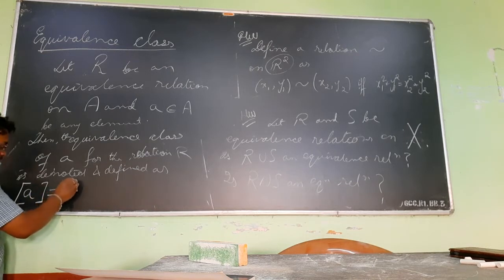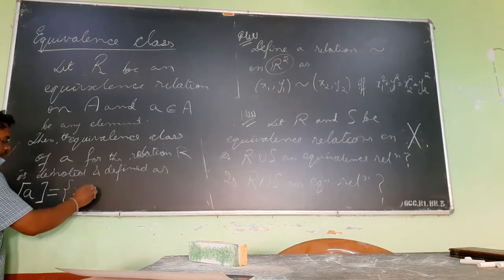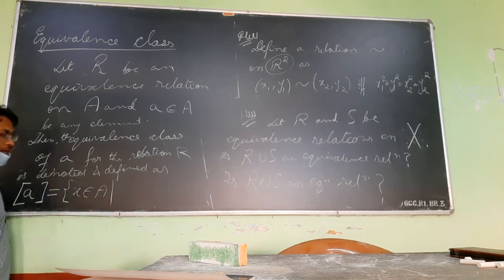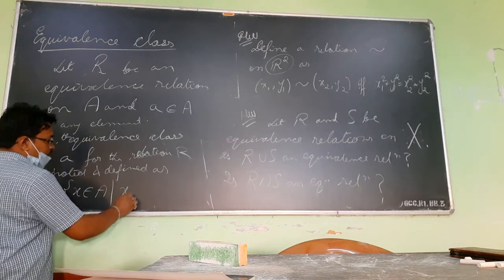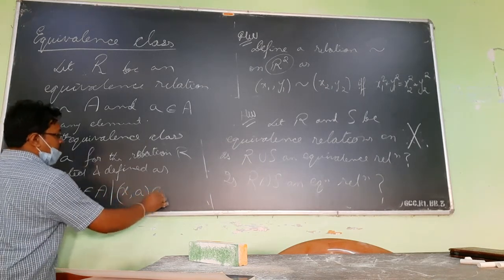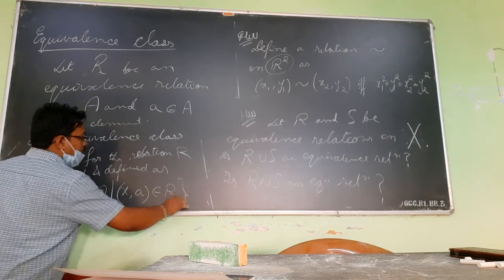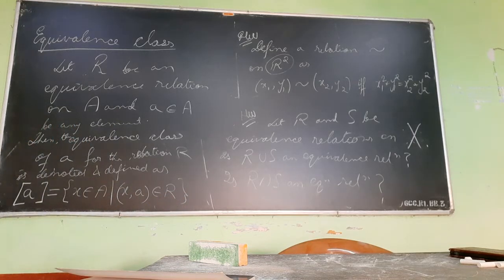Equivalence class of a is the set of all those x inside A such that x is related to a, that is, (x, a) belongs to R. So it is the set of all those elements of A which are related to small a.